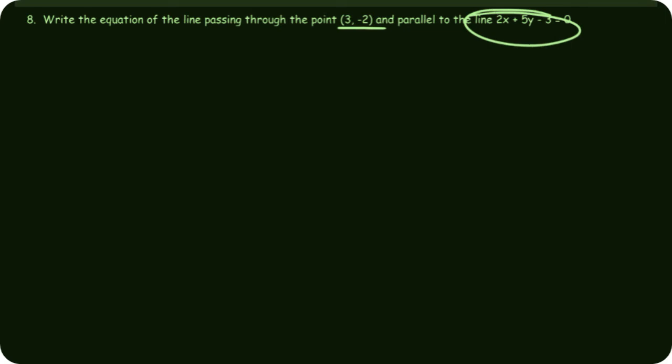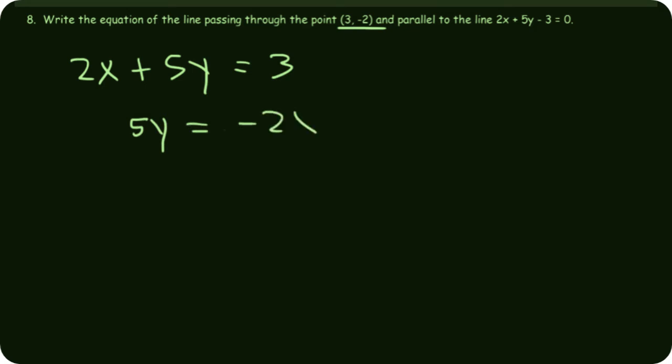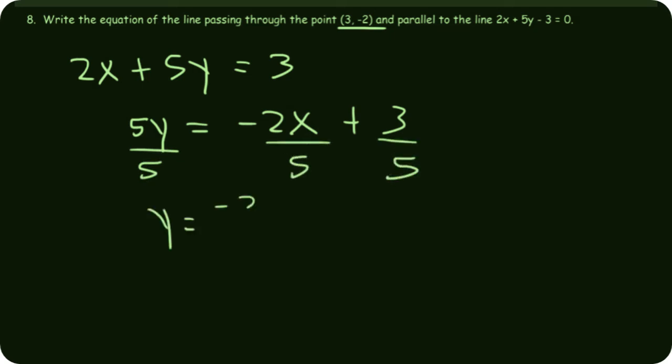So let us turn this equation and change it into its slope-intercept form. First, I am going to move this 3 to the right side, so it is going to be positive 3, and then I'm going to take the 2x and move it to that side, where it's going to be negative 2x. 5y is equal to negative 2x plus 3, and then divide every term by 5. y is equal to negative 2 over 5 x plus 3 over 5.